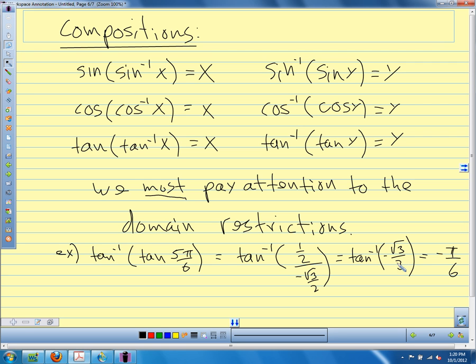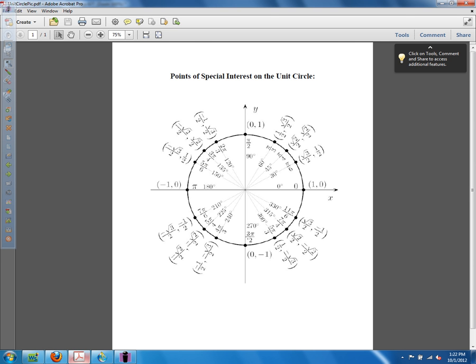So I have to find an angle that has the same tangent as 5 pi over 6, and I only look between pi over 2 and negative pi over 2. What's that? By knowing that the tangent is the sine over the cosine, you have to find an angle in this half of the circle where the sine over the cosine is negative 1/2 divided by the square root of 3 over 2. It has to be the same as this.